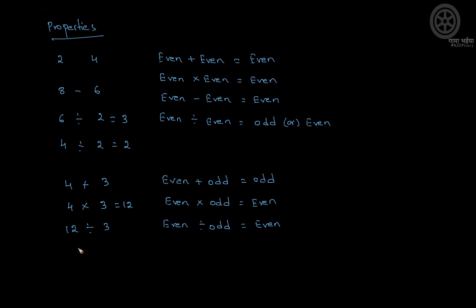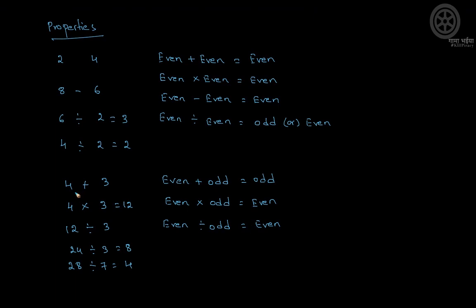If I take 24 divided by 3, the result is 8, right? If I take 28 divided by 7, I get 4. So even divided by odd is always even, right? Now we have seen the combinations of even-even and even-odd.